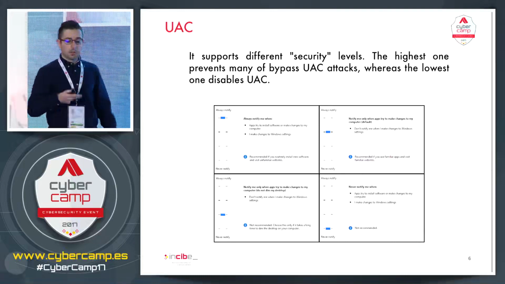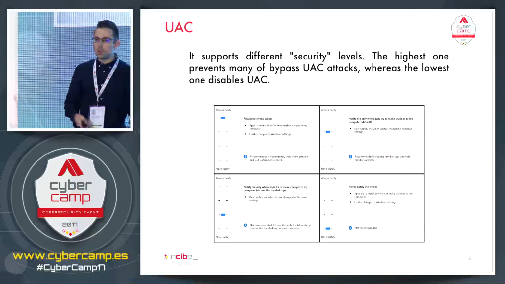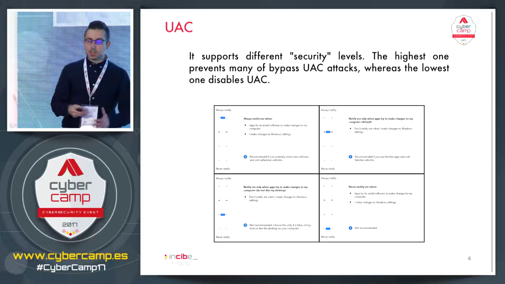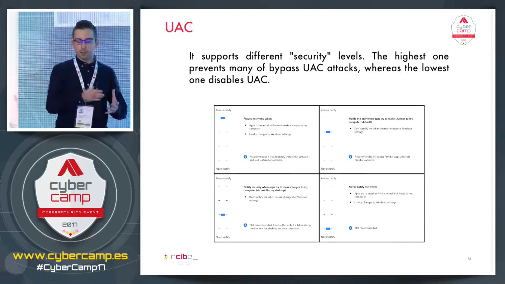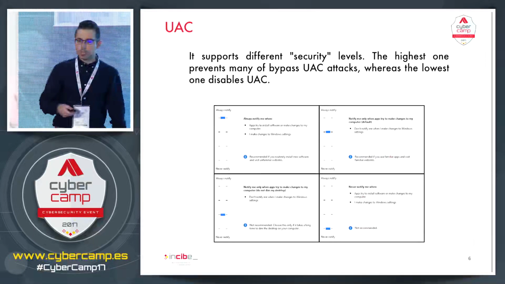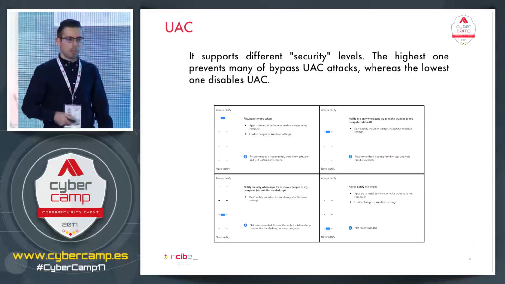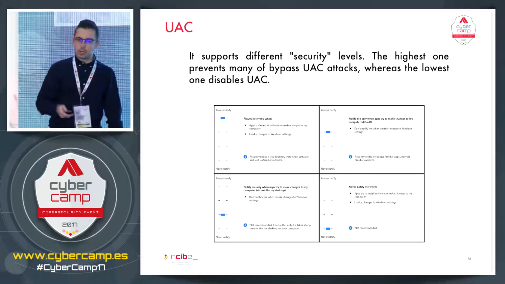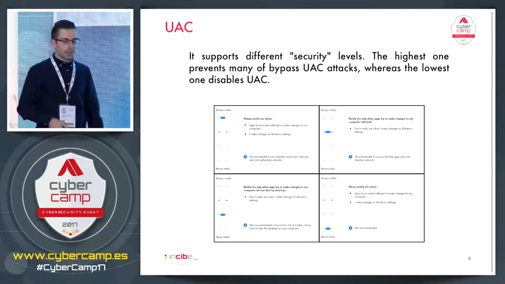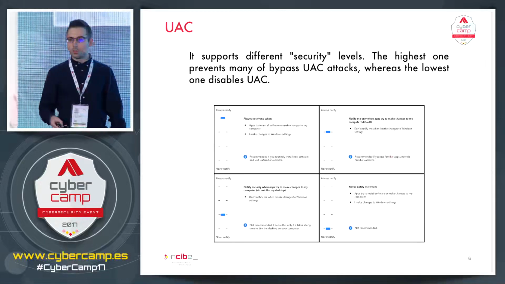In Windows Vista, the only security level was the so-called notify. And what does this level do? Well, it means that any application run with admin permission will require consent from the user, regardless of the certificate.